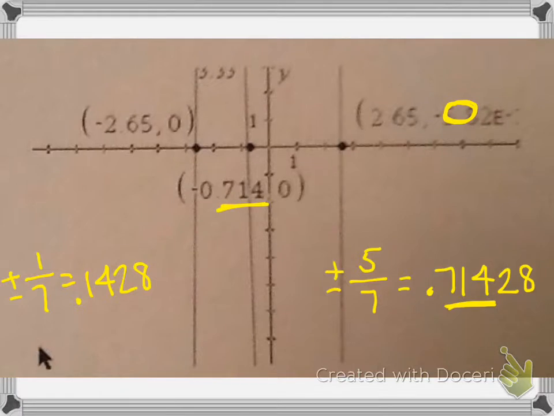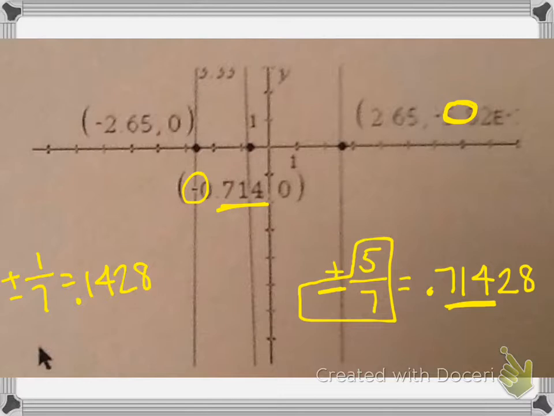Again, this is positive or negative. Looks like because this one's negative, I'll be taking the negative. So it looks like negative 5/7 is my root, my only rational root. The 2.65 is not rational, so I'm going to have to solve that a different way.